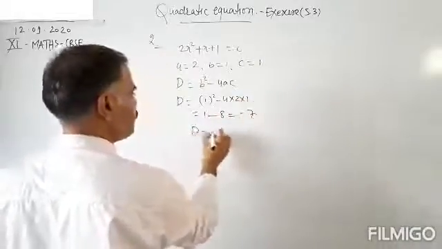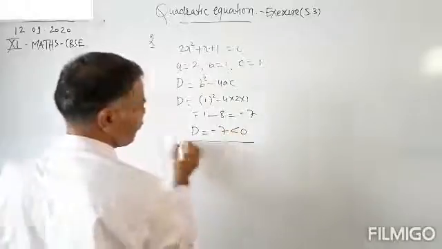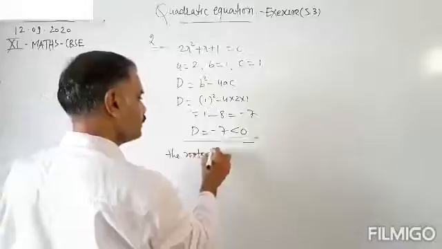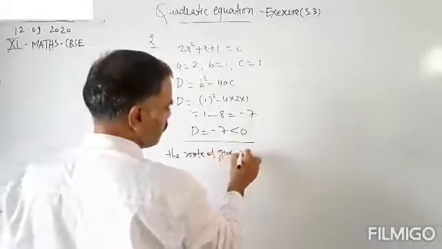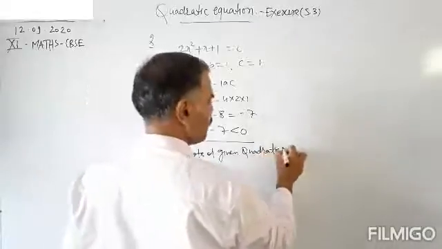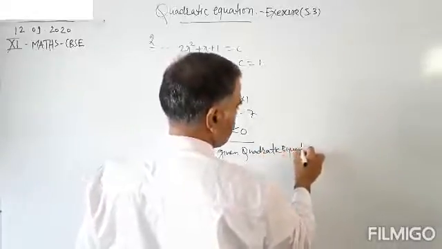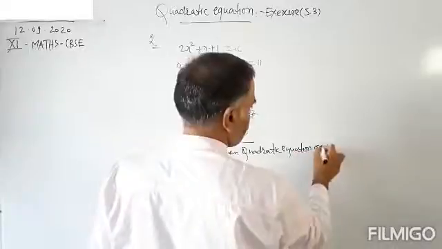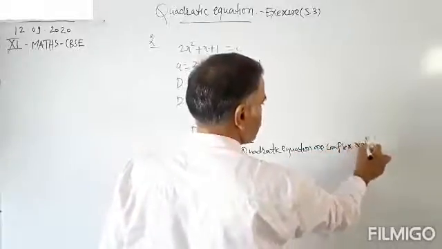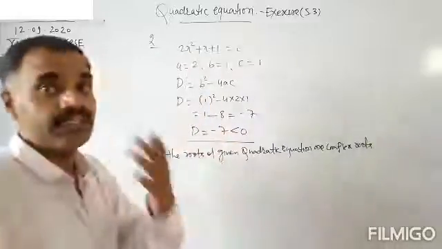So d equals minus 7, which is less than 0. So the roots of the given quadratic equation are complex roots, or imaginary roots.